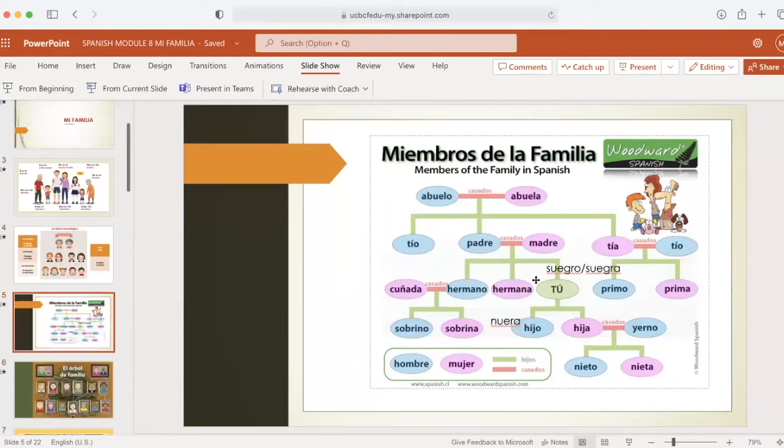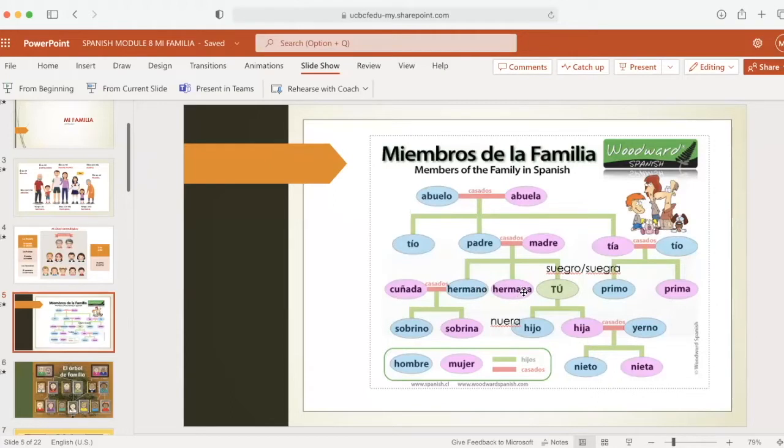Okay. So abuelo, abuela, you already know that they are married. And then these are their children. Okay. So children of your abuelo could be your father, mother, your madre, or padre. Could be also your tío, tía. Okay. Now, let's go here. You have brother and sister.